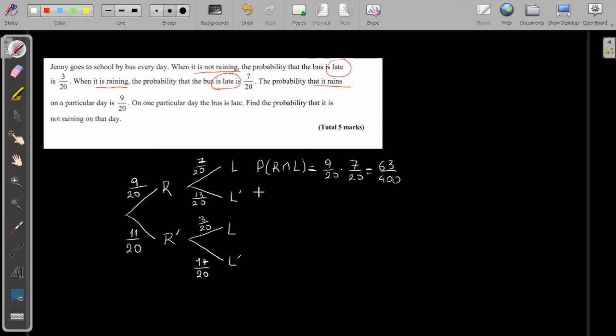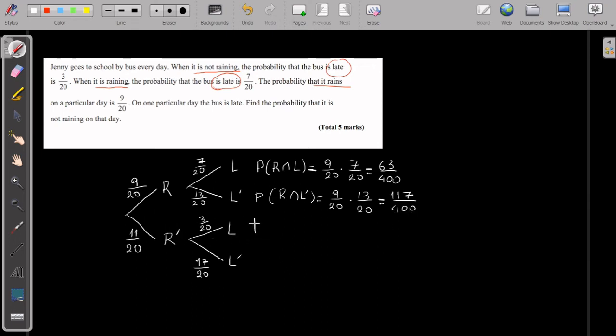Here on this branch, the probability of raining and not being late is 9/20 times 13/20, which is 117/400.